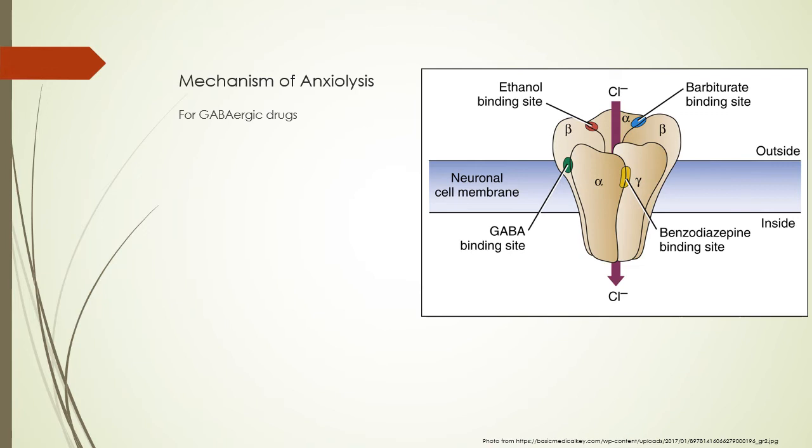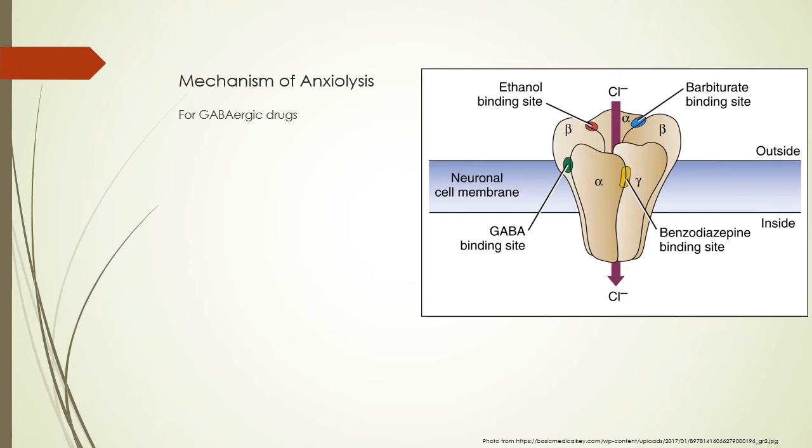Barbiturates increase the duration of chloride channel opening, whereas benzodiazepines act between the alpha and gamma subunit. And the effect of the change in conformation in the chloride channel would be an increased frequency of the opening of the chloride channel, whether it is a benzodiazepine, which increases the frequency of chloride channel opening, or a barbiturate, which increases the duration of chloride channel opening.